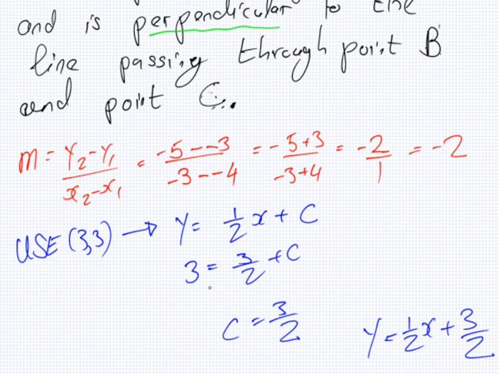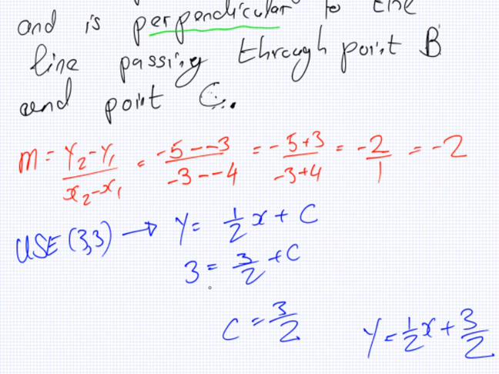Okay, so the first thing I want you just to do is to draw L. So I want you to write this down and then draw L on the graph. So line L passes through point A and is perpendicular to the line passing through... Oh my goodness, is that not right?